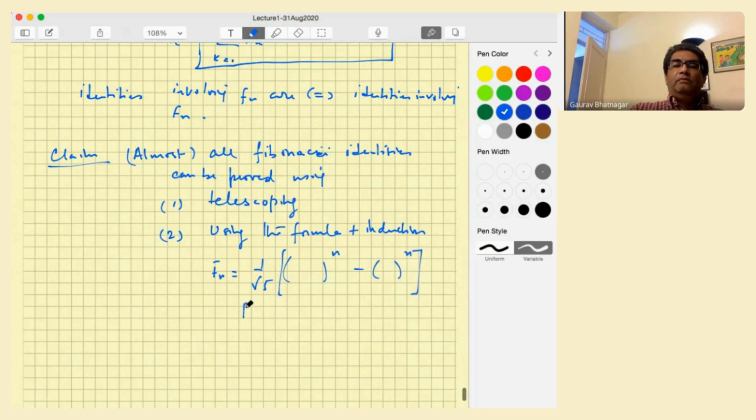This one, I think, is called Binet's formula. Not sure.